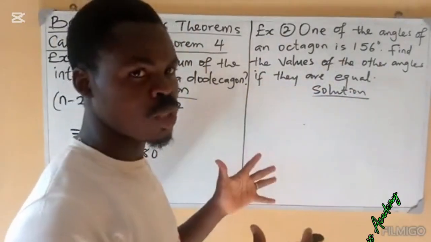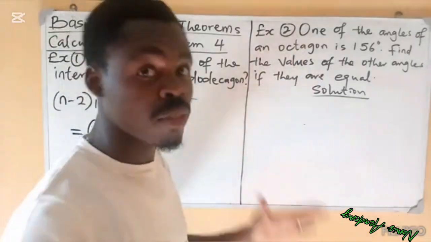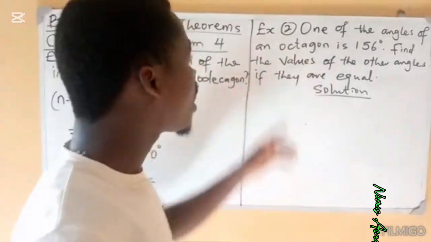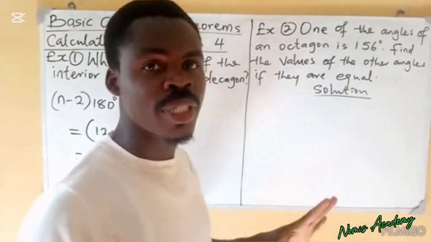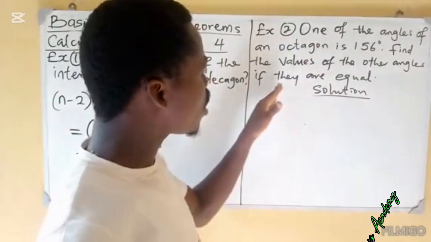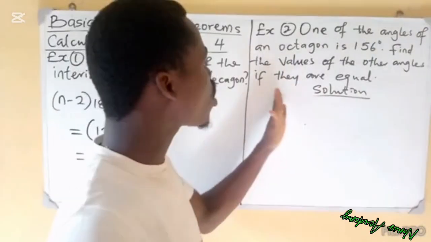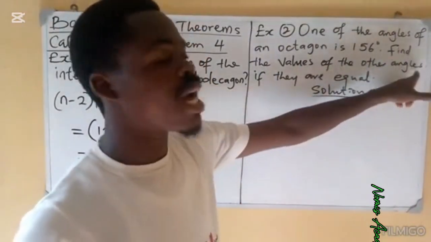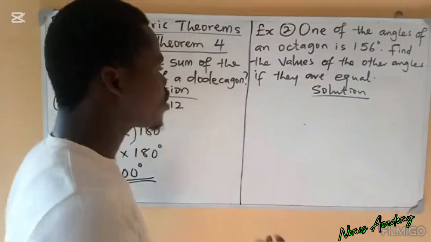So with the statement, we can understand that this polygon is not a regular polygon. The polygon is an irregular polygon. An irregular polygon is a polygon whose angles are different. They are not equal. But with the understanding of the question, only this angle is different from the other angles. They say find the values of the other angles if they are equal. All right, so let's do that.